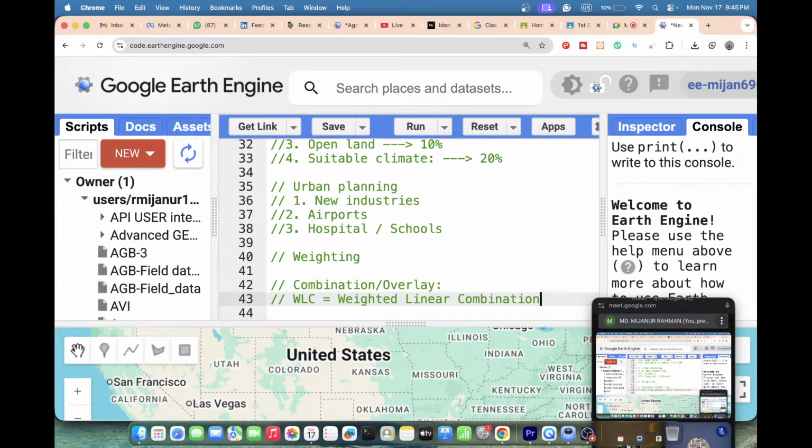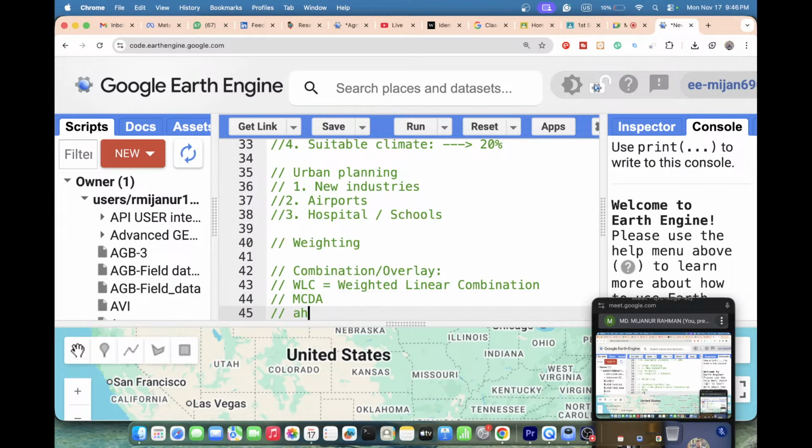So after calculating the final weighted linear combination, we need to set the Boolean overlay. Okay, Boolean overlay is basically yes or no. We can also apply, suppose, MCDA, which is called multi-criteria decision analysis. We can also apply AHP, the analytical hierarchical process, when weights are grouped using pairwise comparison.